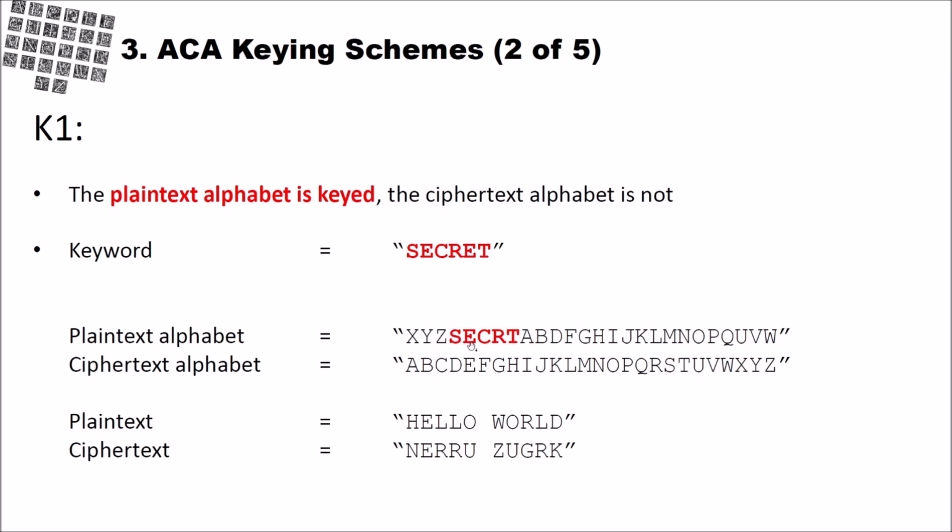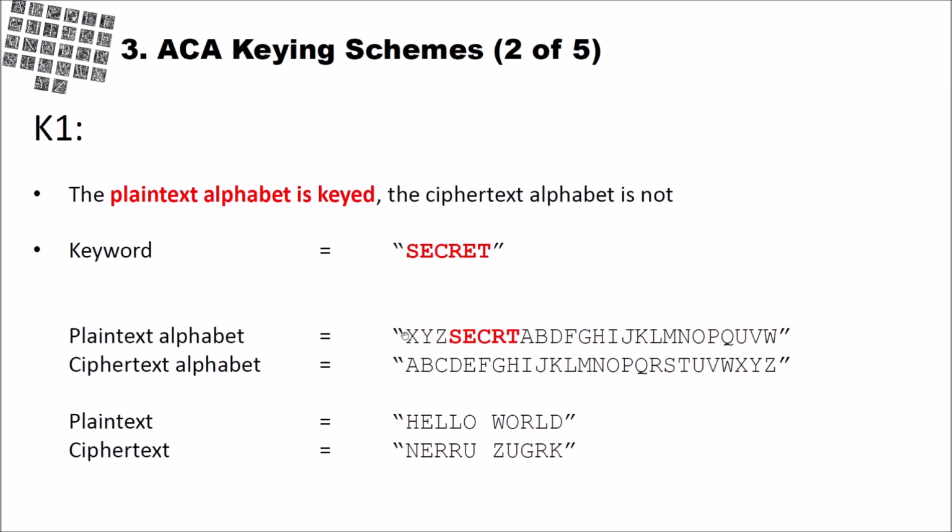And in position 3 we write our keyword. And our keyword in this case is secret, but of course an alphabet cannot have 2 E's, so we have to remove all double letters, like the second E here. Then we have secret without the second E. And then we continue writing the remaining letters of the alphabet, of course omitting the letters that are part of the keyword. And when we come to the end here, we go to the beginning of the alphabet and we write the remaining letters of the alphabet.